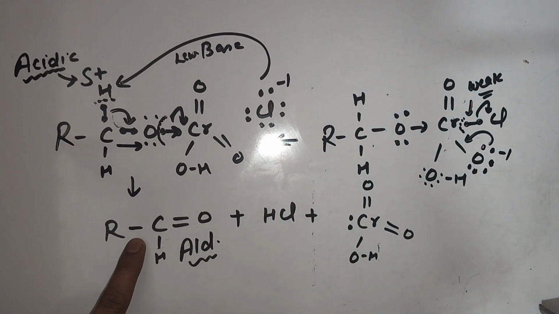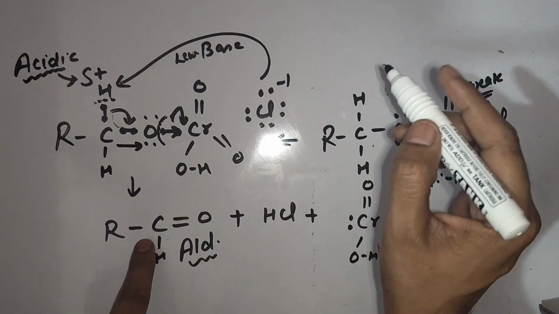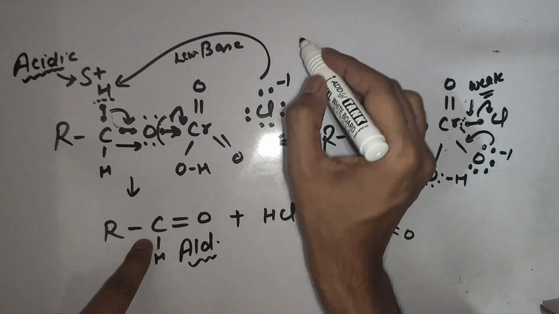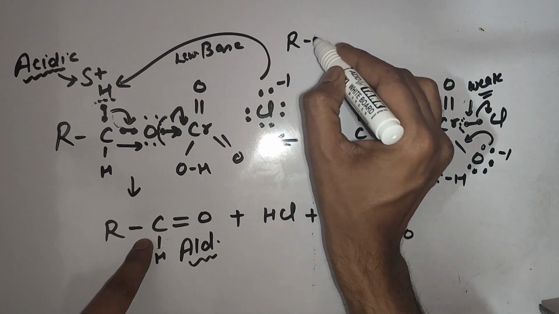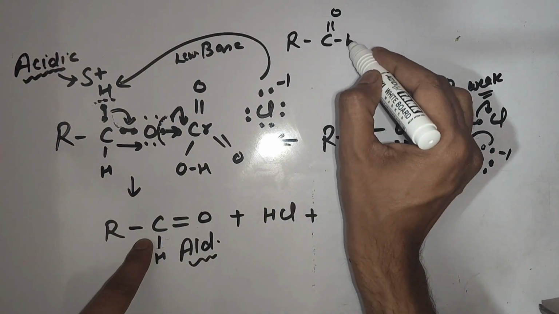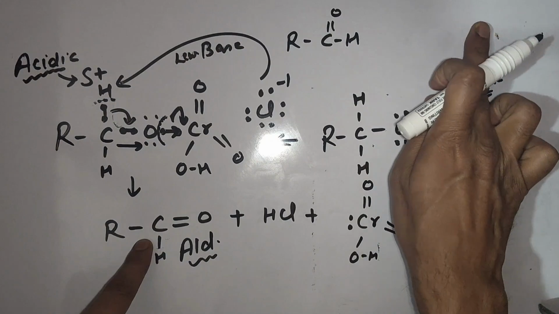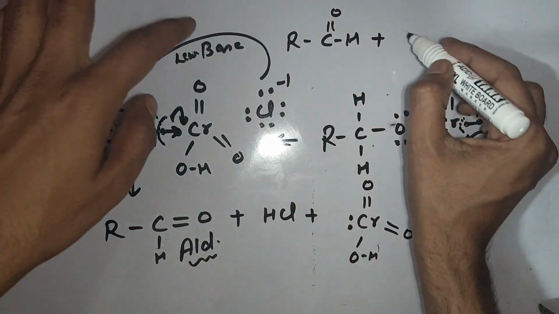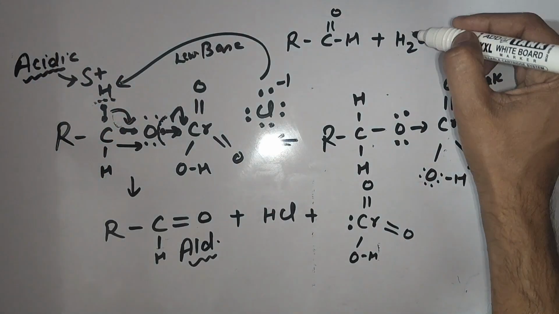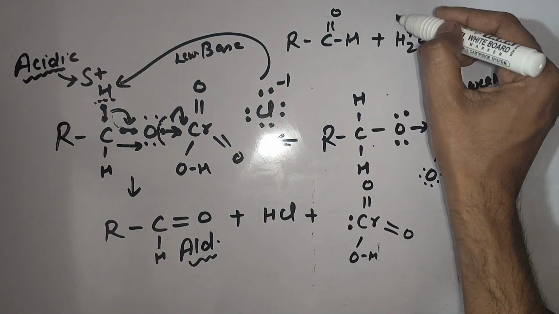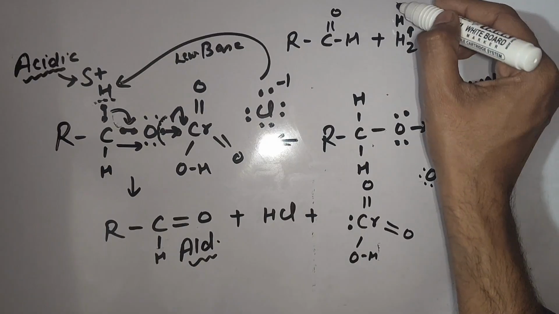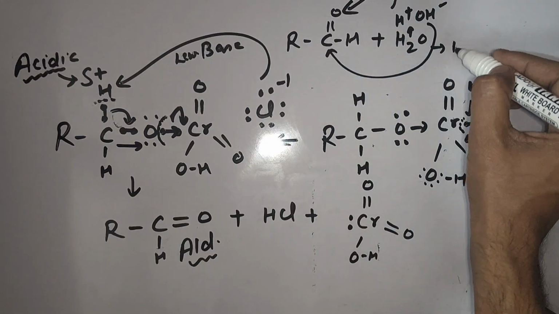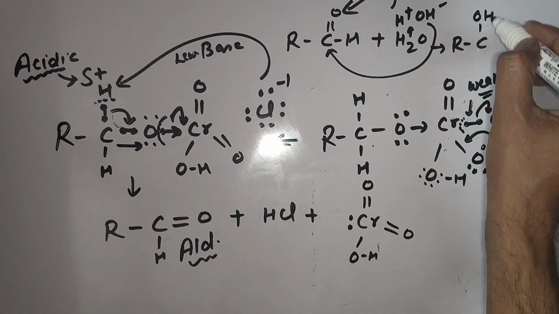No. Why? Please check. In previous mechanisms like KMnO4 and K2Cr2O7, when you used them, for its further oxidation, its hydration is important. It was reacting with water molecule H2O, due to which it creates H positive on O and OH negative on carbon, creating hydrates of aldehyde.